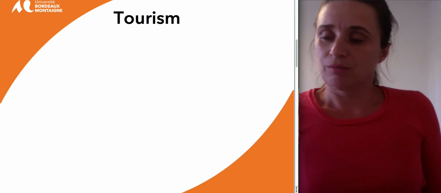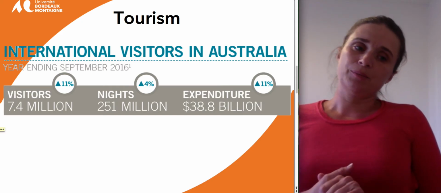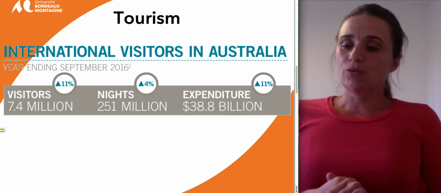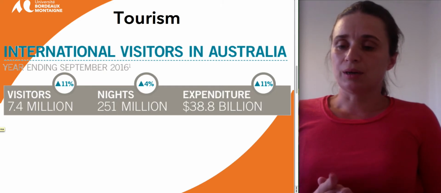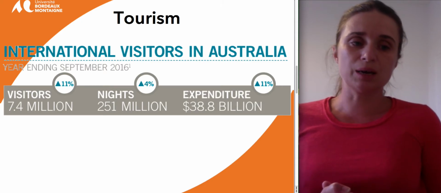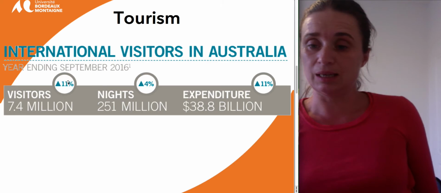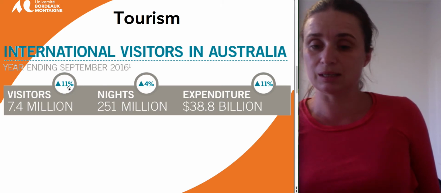So just to give you some data, so tourism, you've got about 7.4 million international visitors who came to Australia in 2016, and as you can see here, this is an increase.